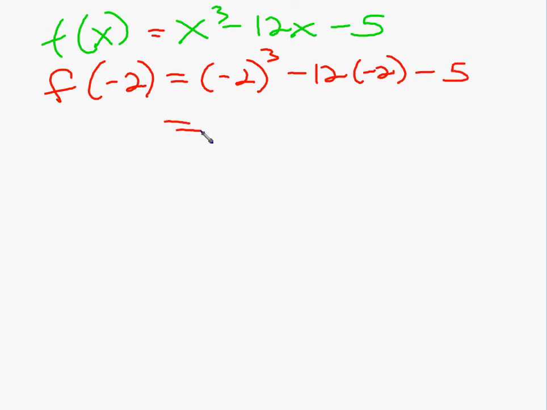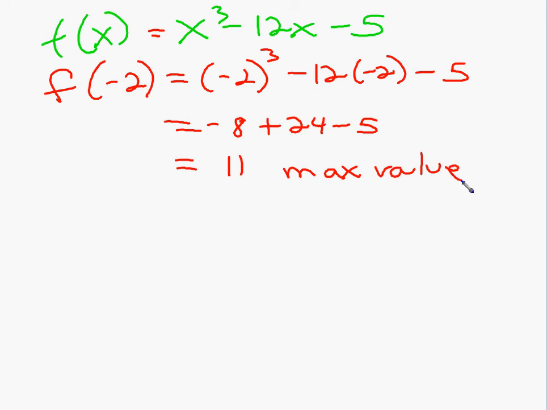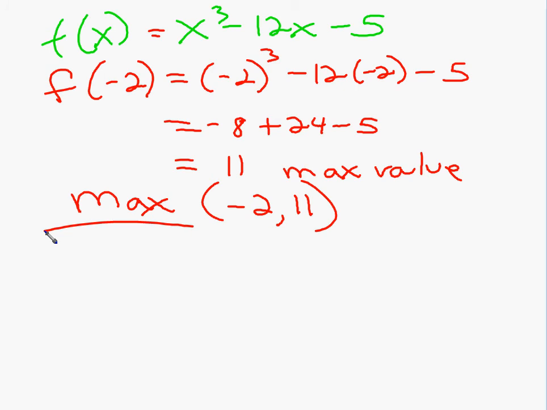That's going to be negative 8 plus 24 minus 5. 16 minus 5 is 11. That is the actual maximum value. Or I could say the maximum occurs at negative 2, 11. That's the actual ordered pair for where the maximum value occurs.